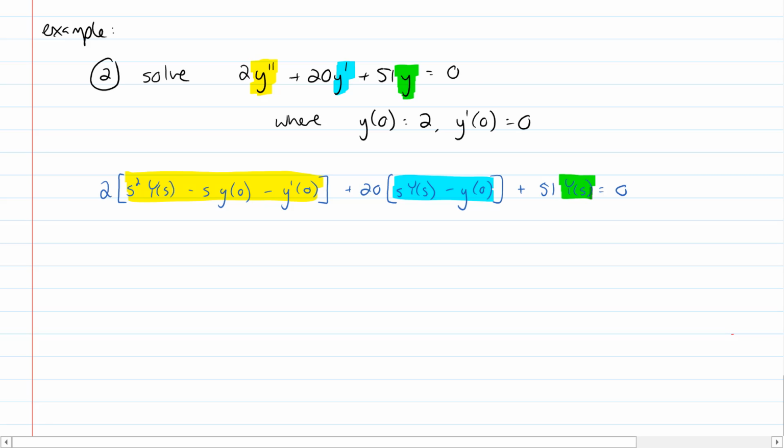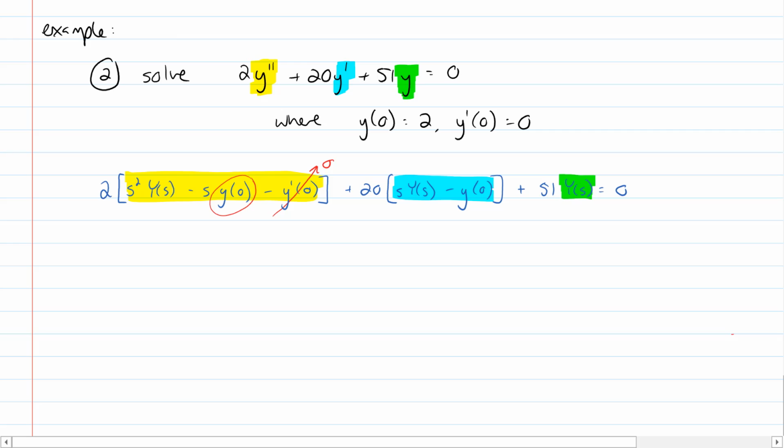Please, once again, be careful and make sure that you can tell the difference between your uppercase Y, which is the Laplace transform of our function, and the lowercase y(0) and y'(0), which are our initial conditions. Now, applying our initial conditions, y'(0) is 0, so any y' term goes to 0, and y(0) is equal to 2.